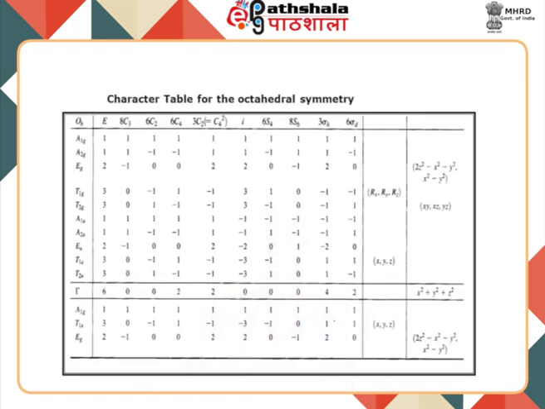In the octahedral arrangement of the ligands, in order to draw the molecular orbital diagram, we must first generate the symmetry adapted linear combinations of the ligand donor orbitals. Table 1 represents the character table of the octahedral symmetry.